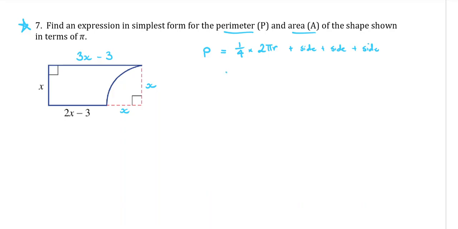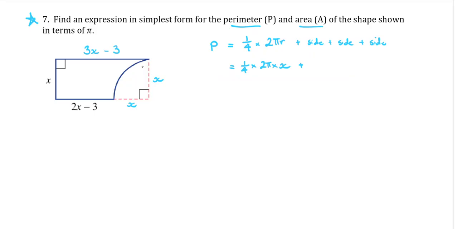Okay, so let's sub into that formula. A quarter times 2 pi times my radius, which is x. Okay, my first side, I'm going to go across the top, will be 3x minus 3. My next side is going to be the x, and the final side is 2x minus 3.